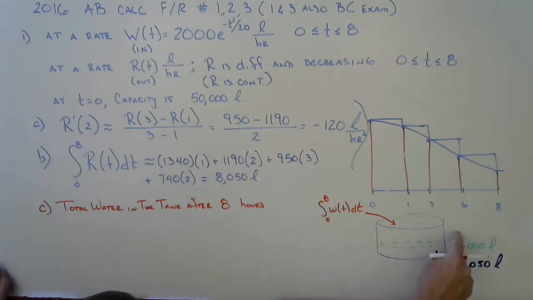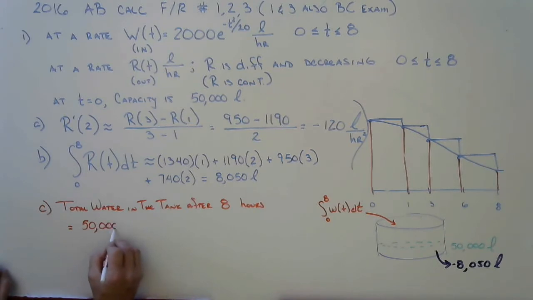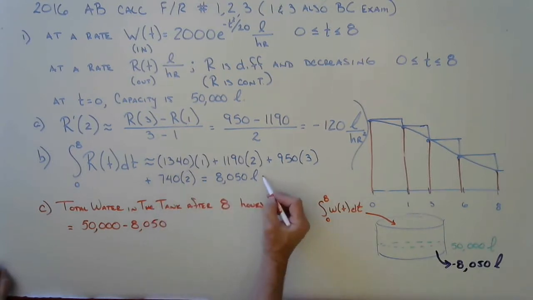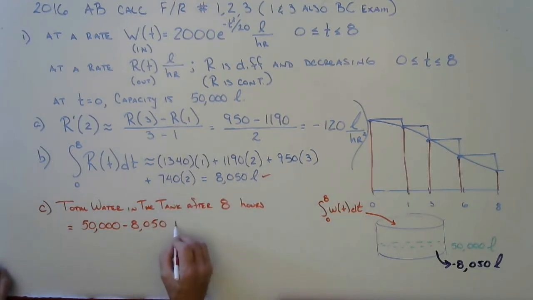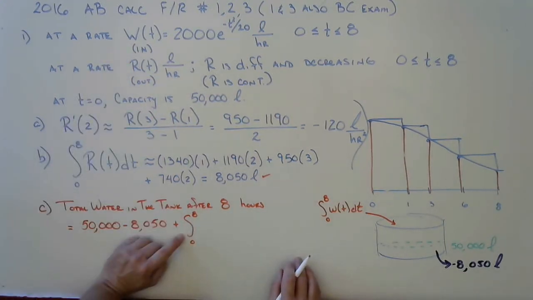It's going to be the combination of these three things. So it's going to equal the 50,000 liters we started with, minus the estimate for the 8,050 liters that we've removed, that we found here, plus the amount of water that's gone in. And since that's a rate, I have to integrate that to get an amount.